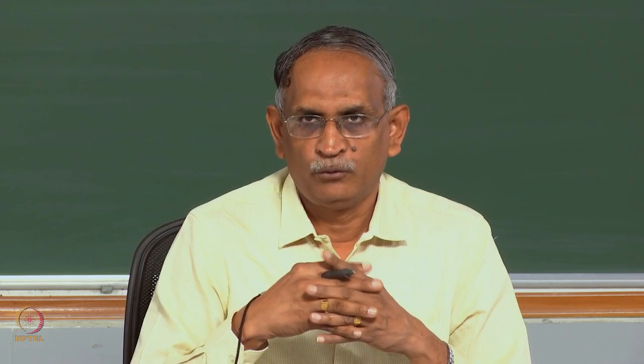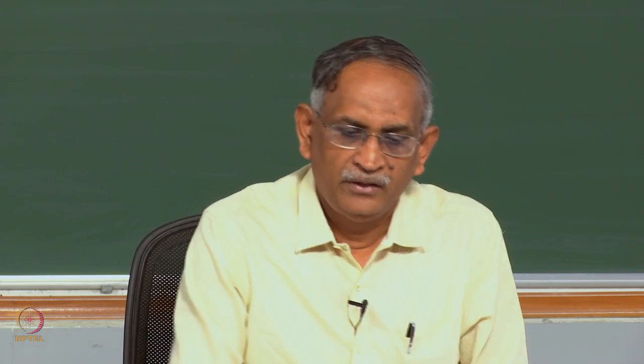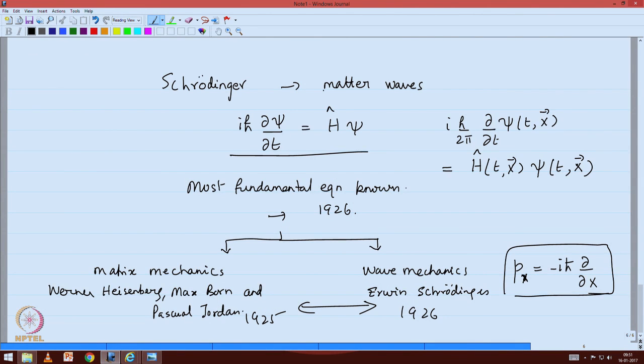Schrodinger's equation has stood the test of time for the last 95 years. There are no questions about its applicability until now, except that one has to discover newer and newer ways of solving the differential equation.